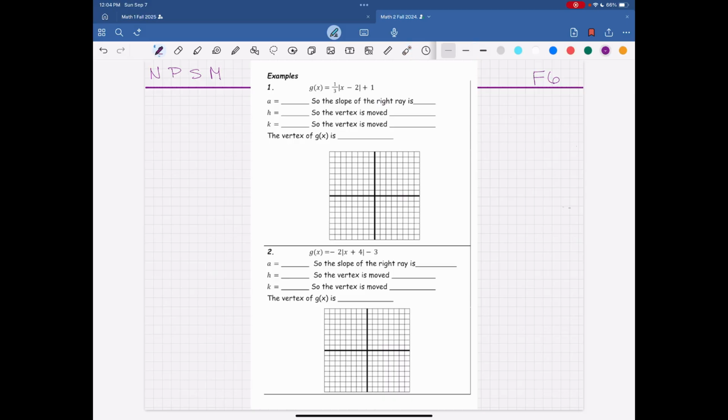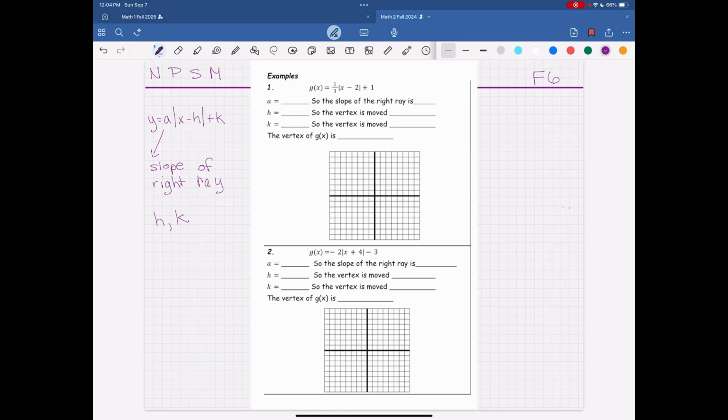Today we are dealing with the absolute value y equals a times absolute value bars x minus h plus k. Before we've dealt with a, which is the slope of the right ray. We've dealt with h and k.